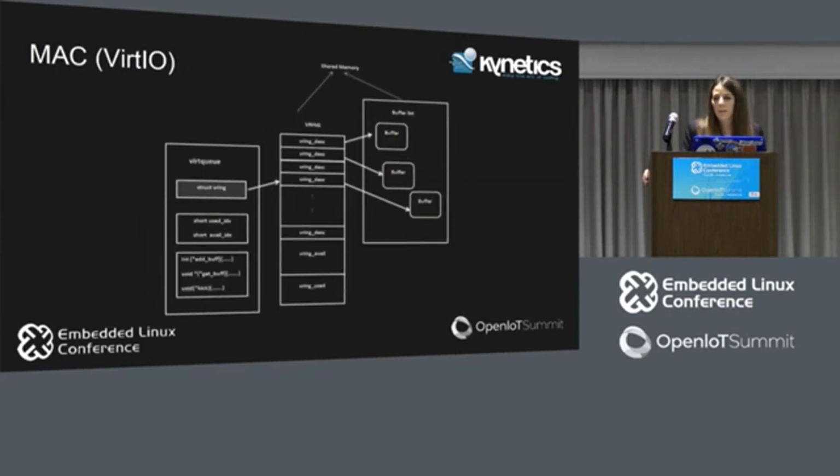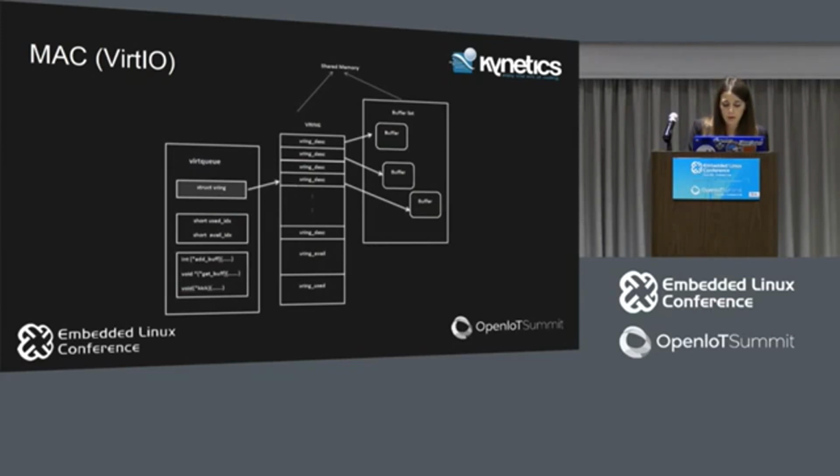So as Nicola said before, the software component that enables interprocessor communication is rpmsg, and it sits on top of the VirtIO bus. This is a quick overview of how VirtIO is implemented in the rpmsg framework. In the VirtIO implementation, we have the VRing data structure, which has some VRing descriptors, which are basically pointers to shared buffers in memory, which represent our actual message.